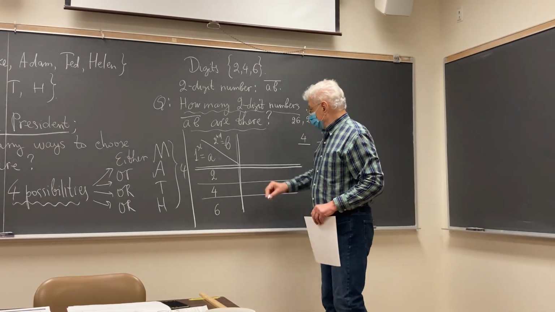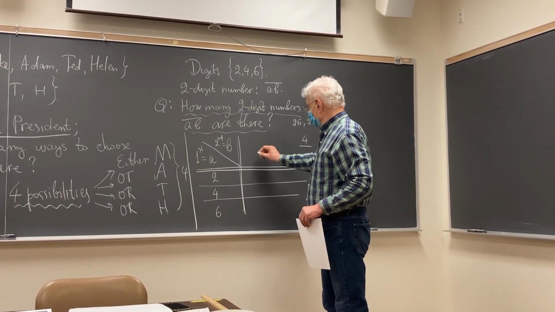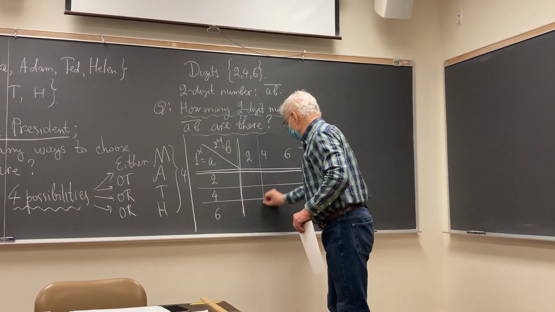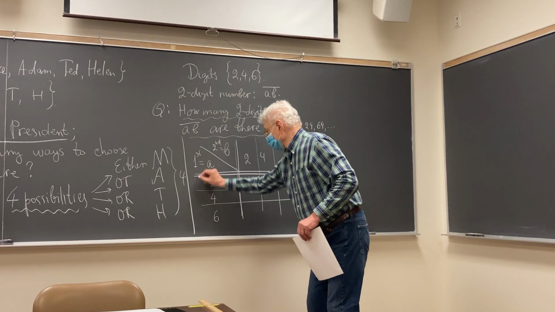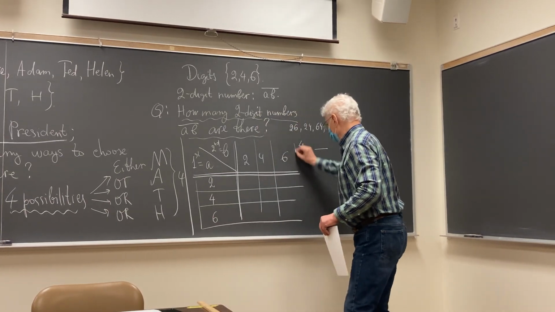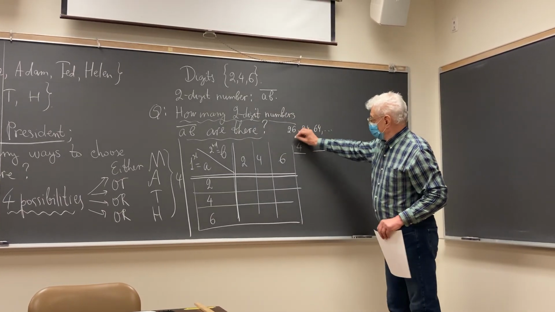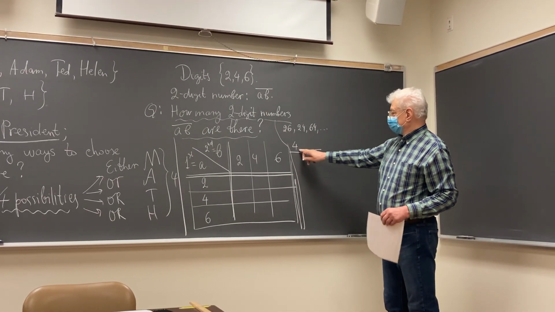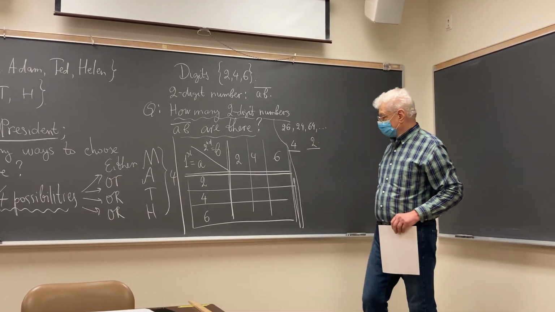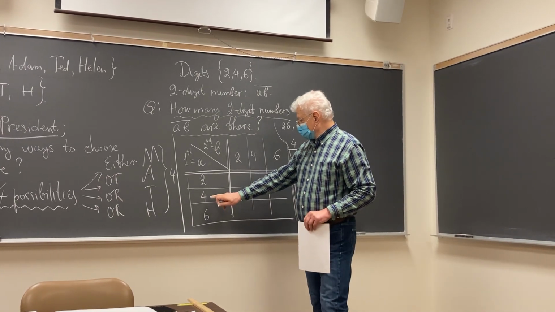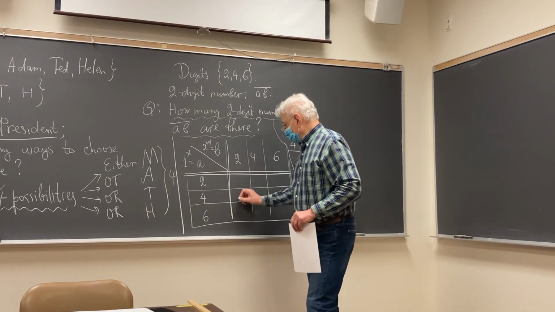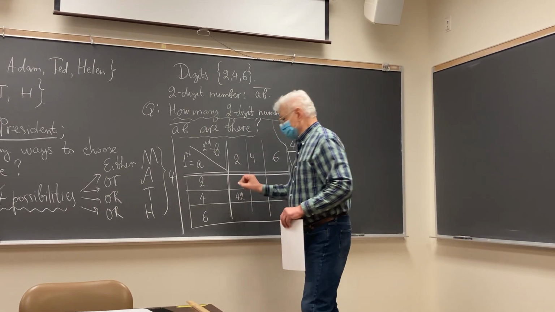After that you pick B, which could also be 2, 4, or 6. What can you write after digit 4? Say 2, 42. First digit is 4, second digit is 2, and this number will be 42. Clear, right?